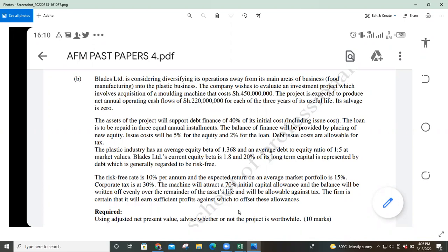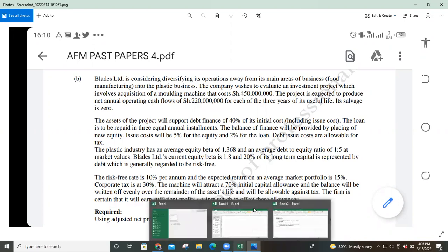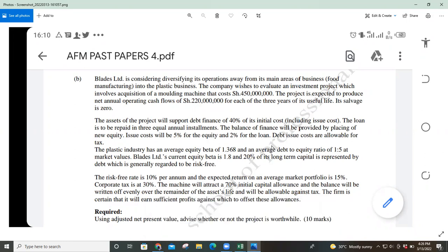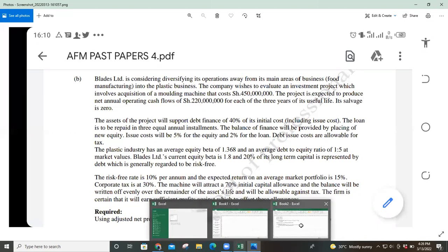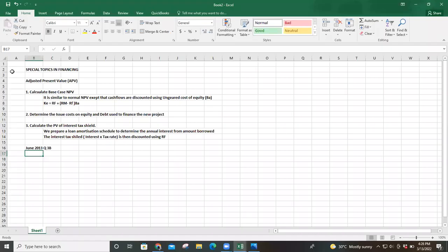When you look at our steps, the first step was to get the best case NPV. And in the best case NPV, we start by getting our cost of equity. Very important.